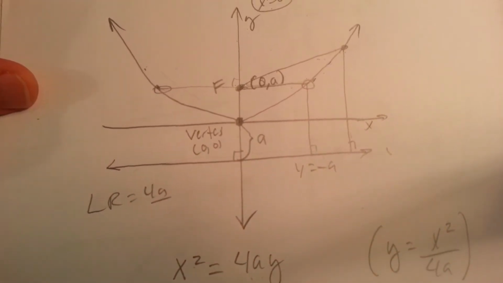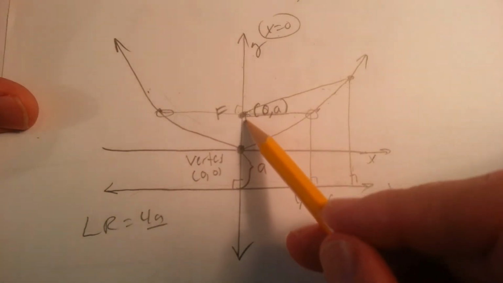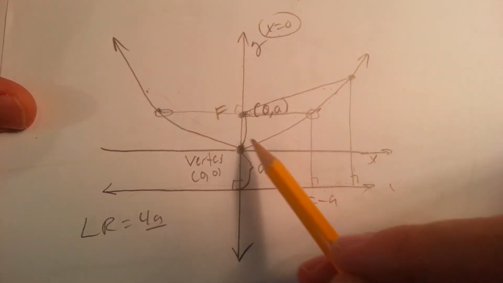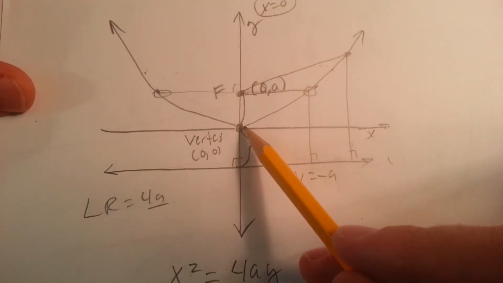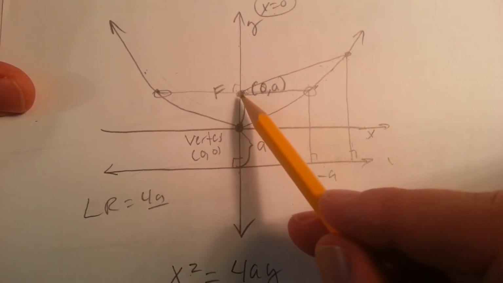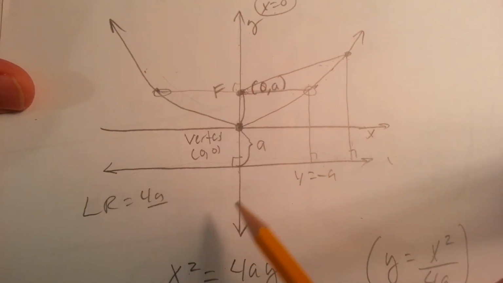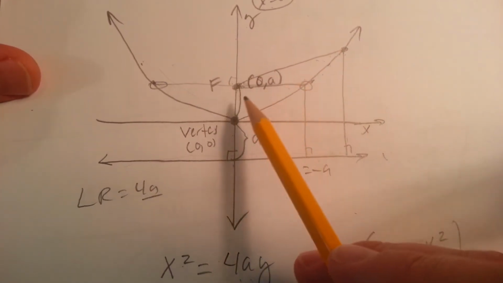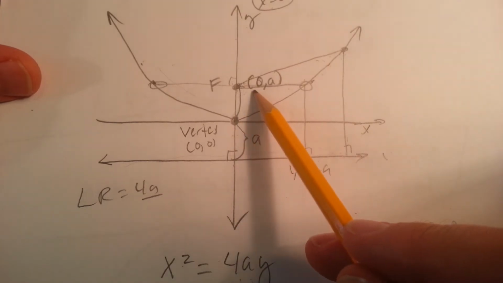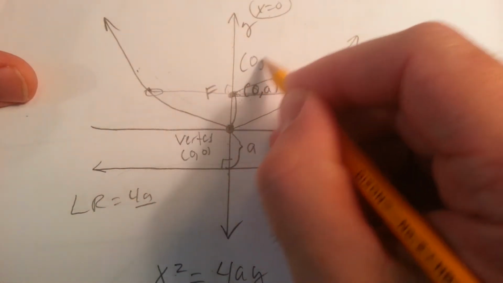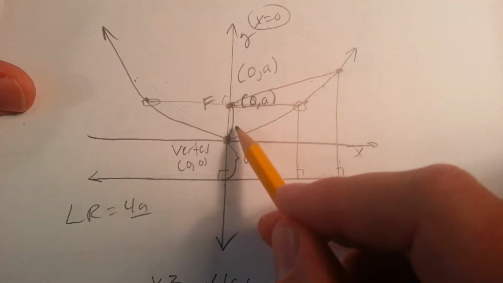What's a? That's a good question. a is the distance between the focus and the vertex, and a is also the distance from the vertex to the directrix. So if my focus is at (0, 4), that distance is 4. Right now my focus has coordinates (0, a), because that distance is a.